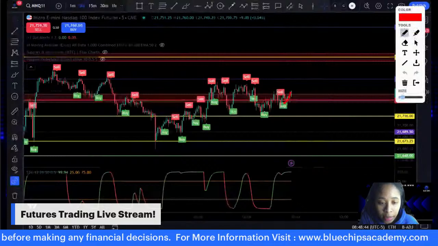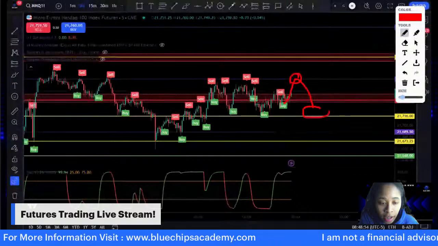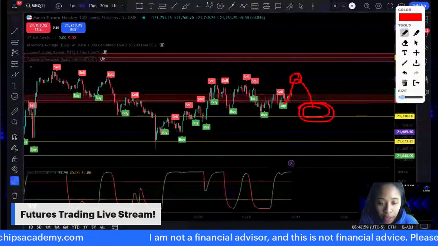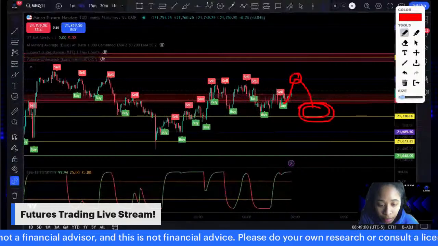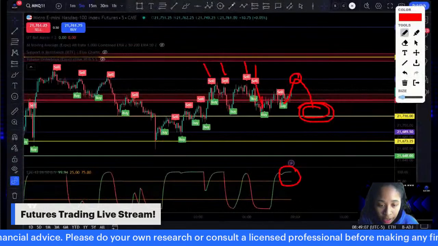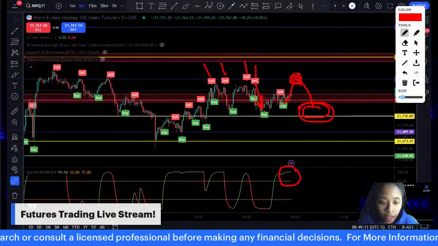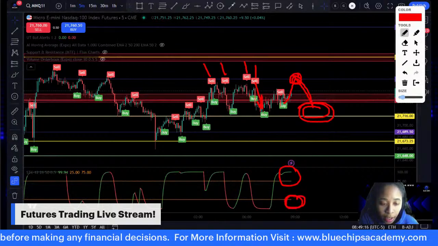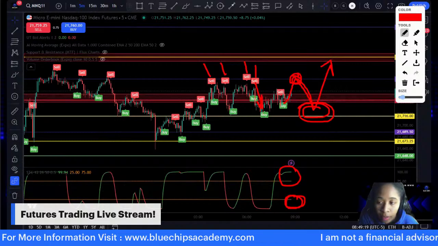If price comes here and then we shoot down here, our buy entry could be somewhere up in here if we get that type of price action. That's why I'm looking for a potential buy, because we can see that price rejected multiple times here. And we know when price is overbought, there's a chance that price can come down. So if we come down here, that'll put us in this oversold area, and we could take a potential trade to the upside.